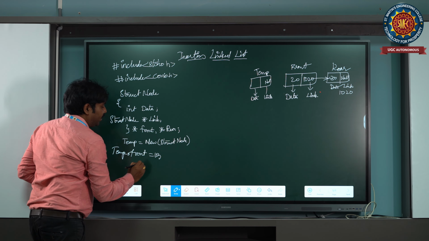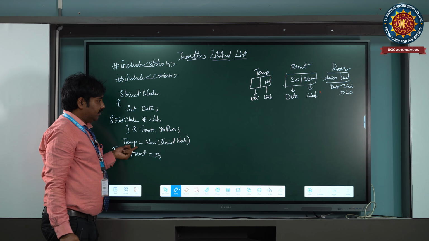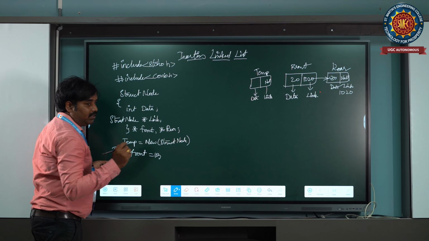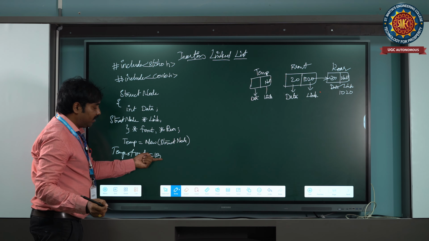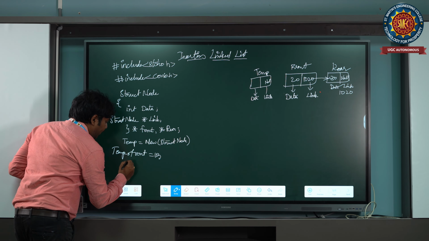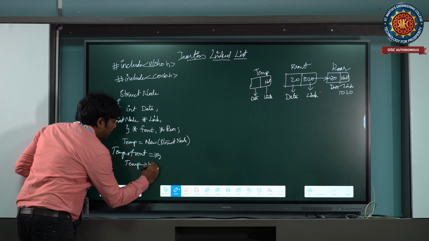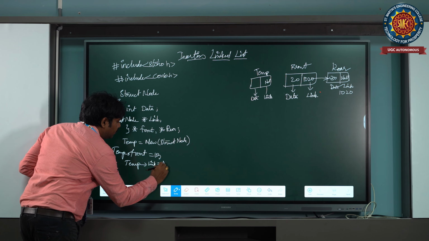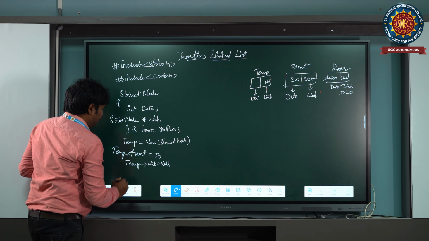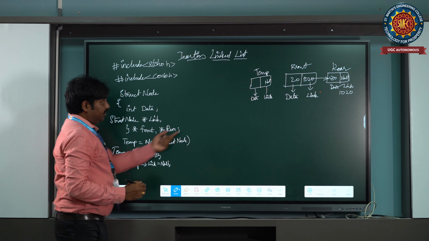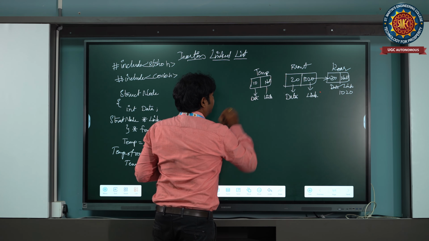I am directly giving it here, or we can give int e equal to 10 and call e. Next, temp of link equal to null. So this way we get 10 equal to null. This way temp will be filled here.